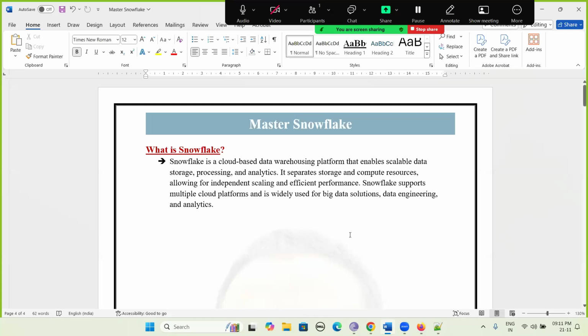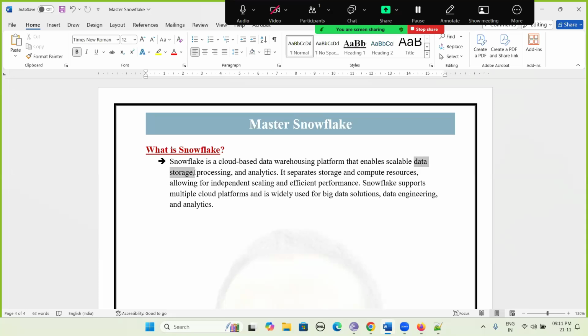Mainly, we use this cloud data warehousing technology for storage. We have traditional technologies, and we can use traditional technologies also for storing the data. Compared to traditional technology, Snowflake supports unlimited storage, huge volumes of data. It uses cloud technologies.